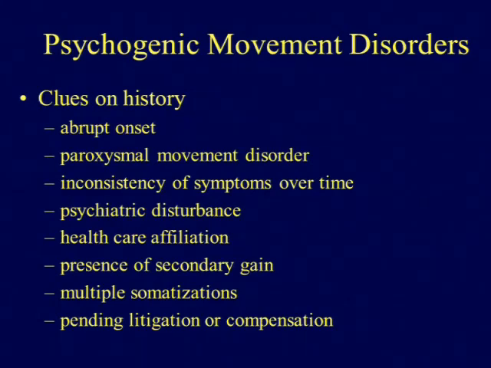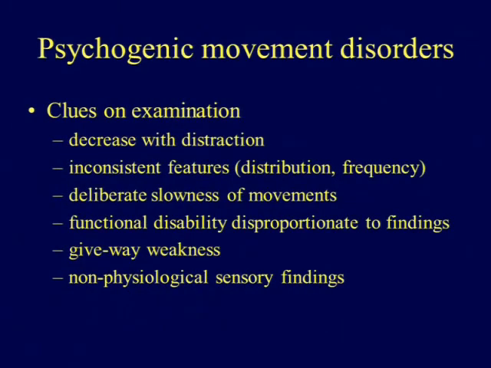Usually past psychiatric history, healthcare affiliation, presence of secondary gain, multiple somatizations. Somebody has irritable bowel syndrome and fibromyalgia and chronic fatigue syndrome. All of those things are basically a clue. And obviously pending litigation, which you see in many of our patients after injuries.